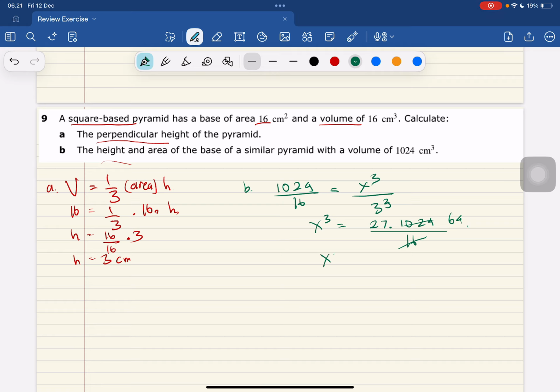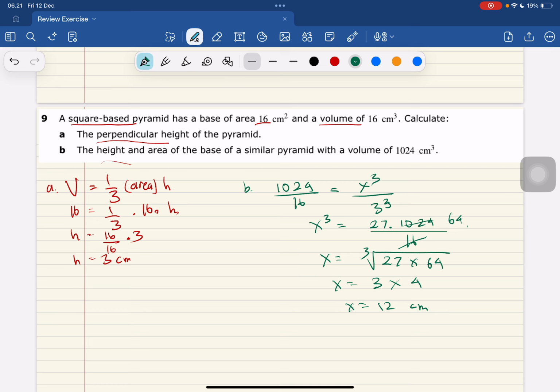So x is the cube root of 27 times 64, so x equals 3 times 4. So x equals 12 centimeters.